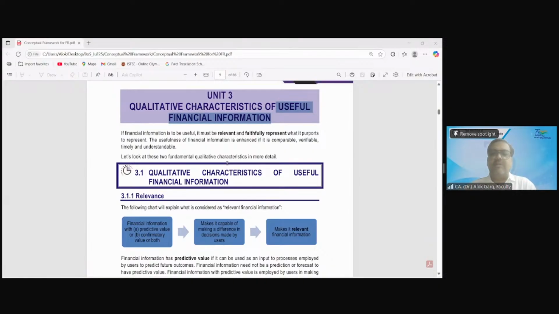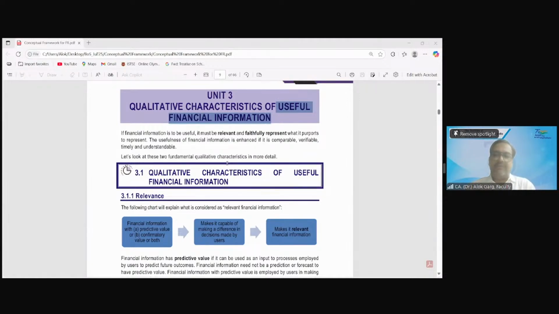Swaminathan has told, sir, for a financial information to become useful financial information, it must be relevant and faithfully represent what it is supposed to represent.